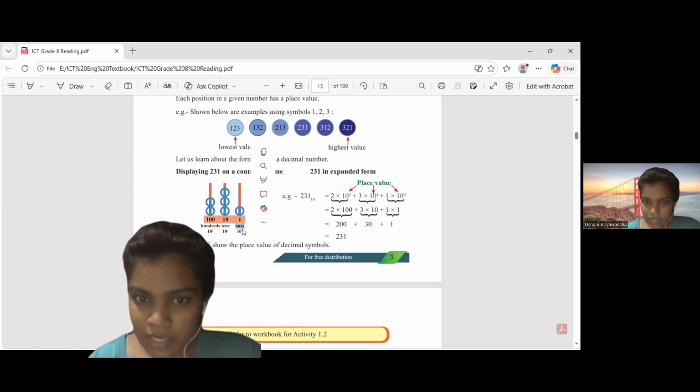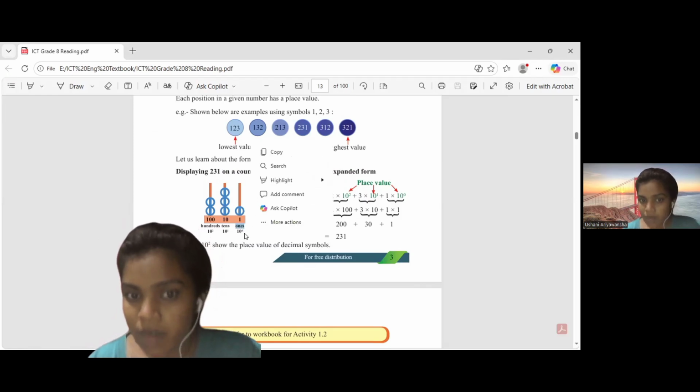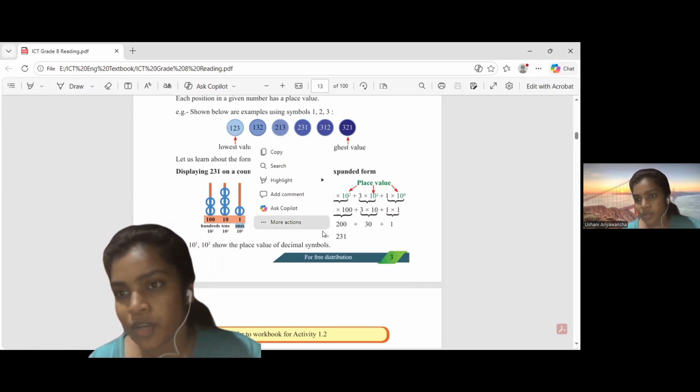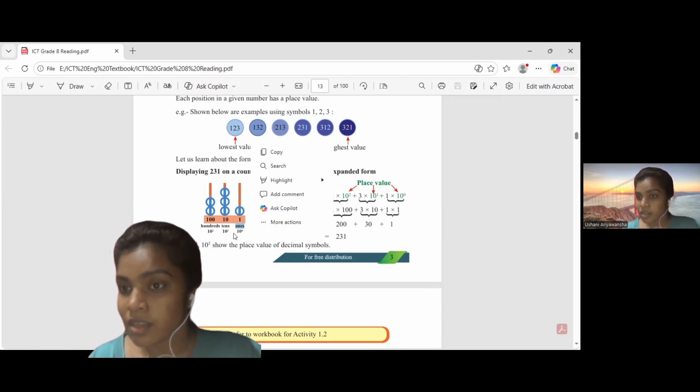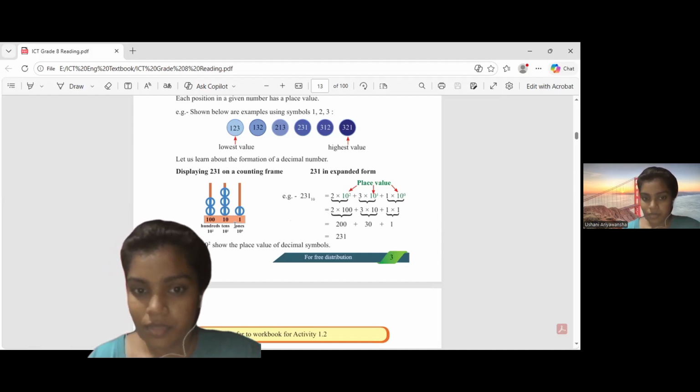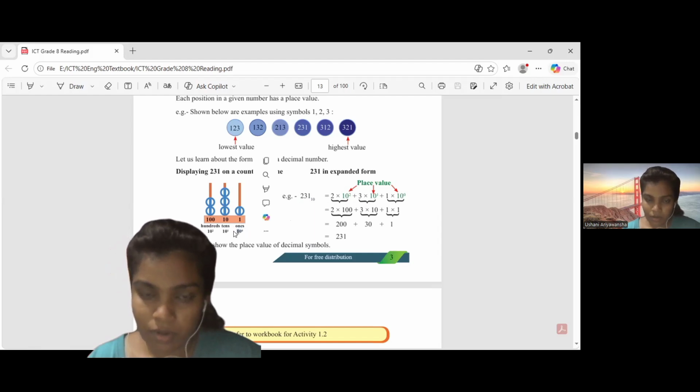Ones place means 10 to the power 0. Powers of 10. Why do we take powers of ten? Because the base is 10. So, ones place means 10 to the power 0.